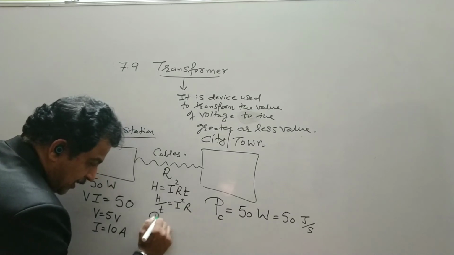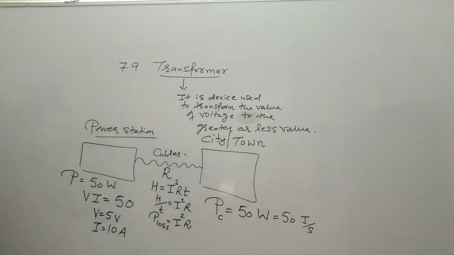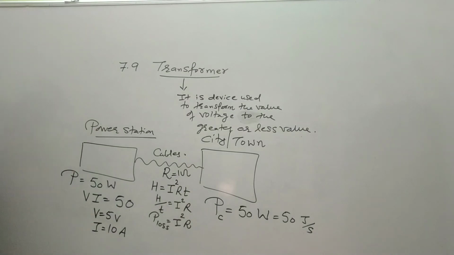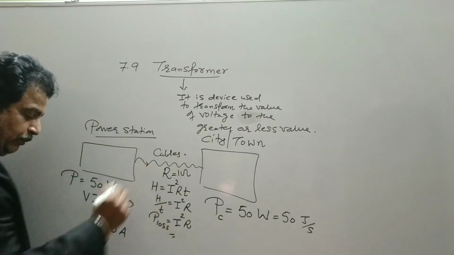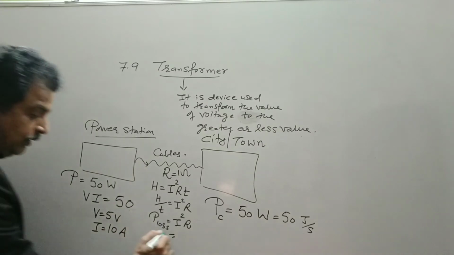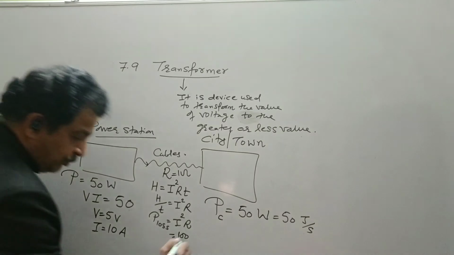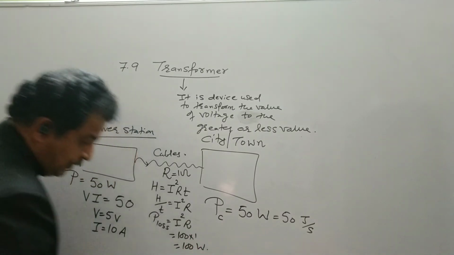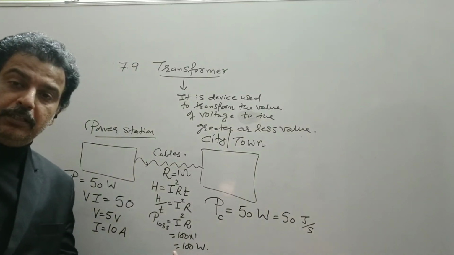So we know that the power loss is equal to I square R. Suppose I assume the resistance of this cable wire as 1 ohm, then the current flowing through this cable wire is 10 ampere. So that is 10 square. So it becomes 100 into 1 ohm. So what is the power loss? It is 100 watt itself.